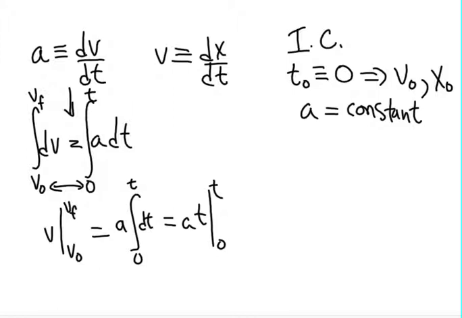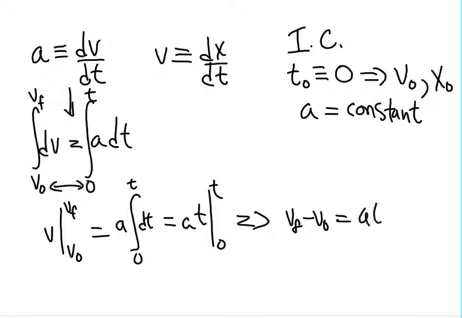Now what we can do is just write these out. And this first side here on the left-hand side is just v final minus v initial, because you evaluate the integrand at the final minus the initial. And that then equals the same thing over here, which is just a times t minus 0.